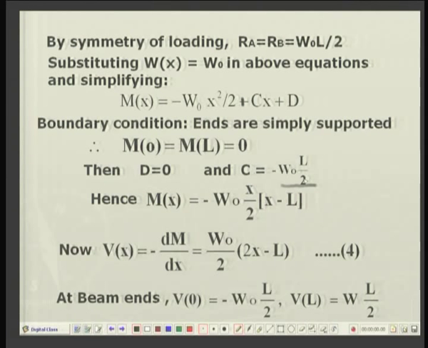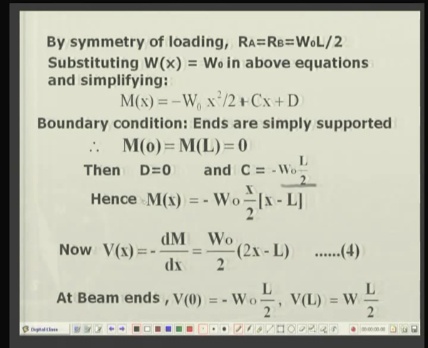Substituting back these values of D and C, we can easily see that the variation of the bending moment, that is function M x, is equal to minus W0 by 2 into x into x minus L in the brackets.